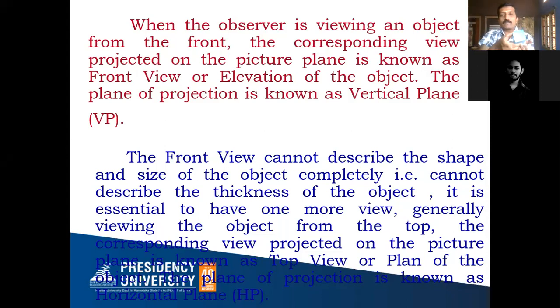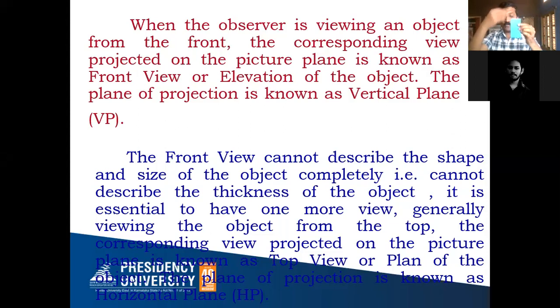When you see it from the top side, it looks like a square. Here also you have to identify the four contour points and draw the projector lines from these identified points. All these projectors are parallel to each other and meet the horizontal plane.